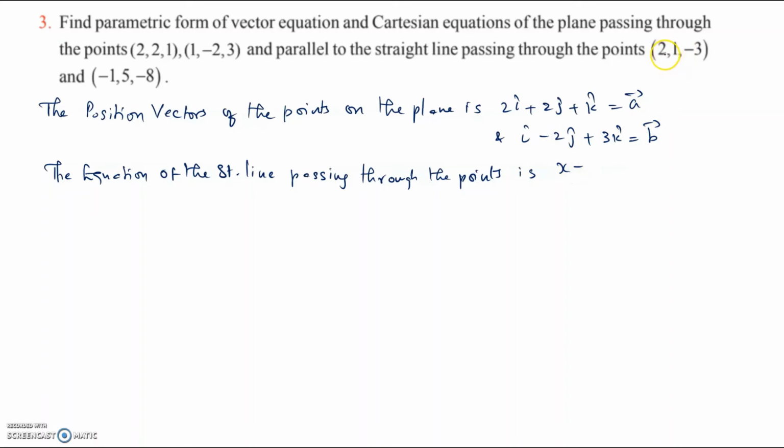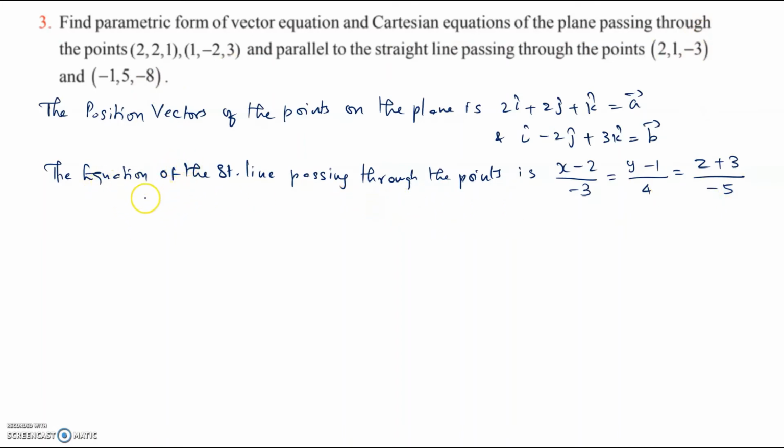Let's take 2, 1 and minus 3 as x1, y1, z1. So x minus 2 divided by minus 3 is equal to y minus 1 divided by 4, and z plus 3 divided by minus 5.